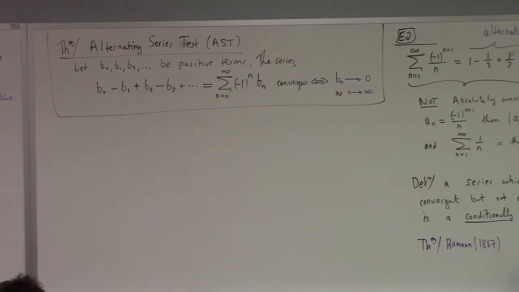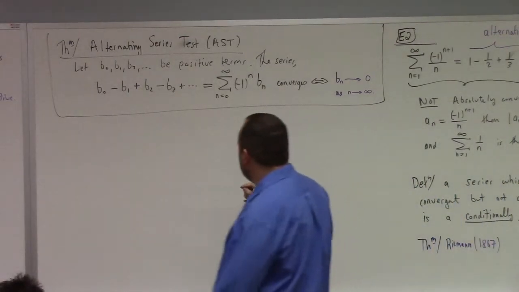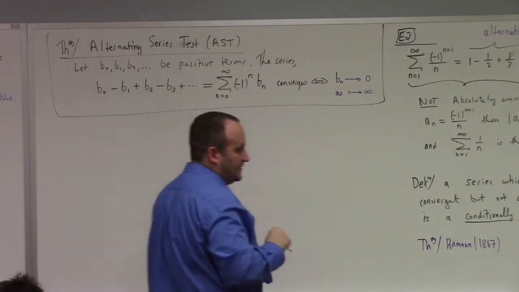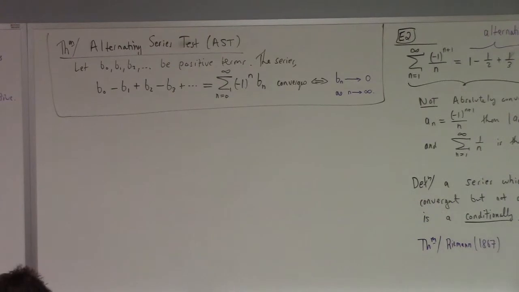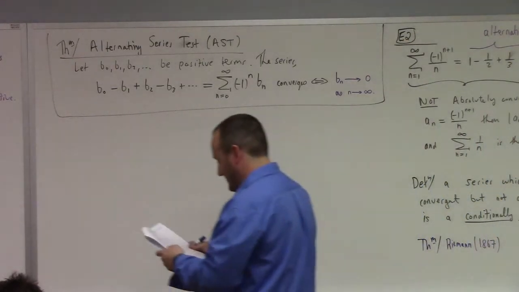I'll shut up. So the alternating series test right here is stated. What's the proof of this? You're like, yay, another proof. Hey, this is our last one, so relax.